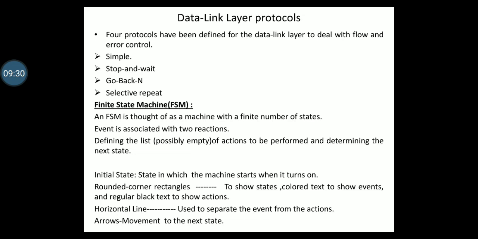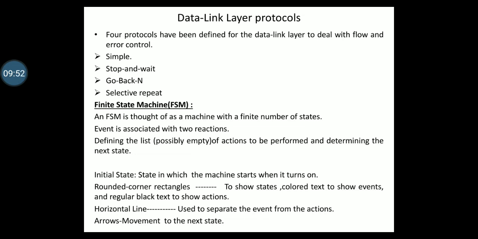The behavior of a data link control protocol can be better shown as a finite state machine, FSM. An FSM is thought of as a machine with a finite number of states. The machine is always in one of the states until an event occurs.